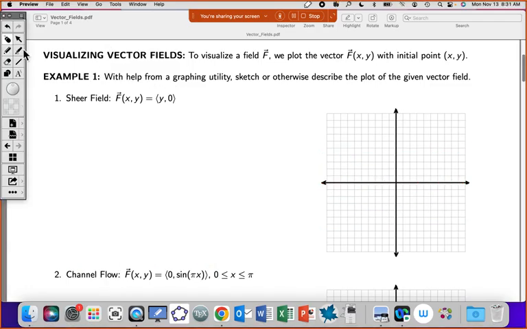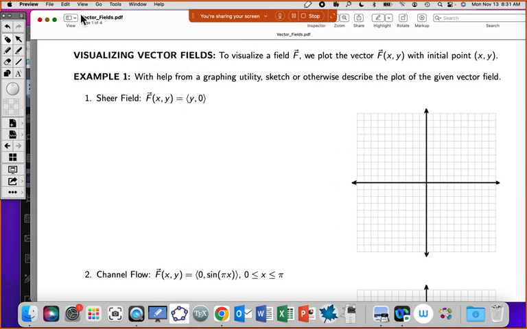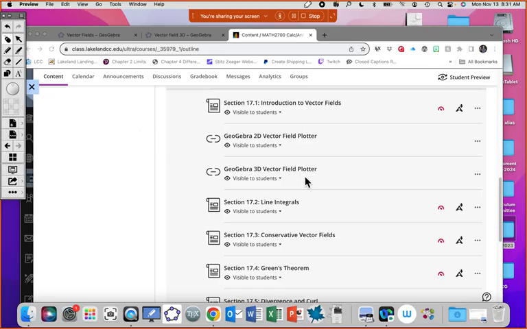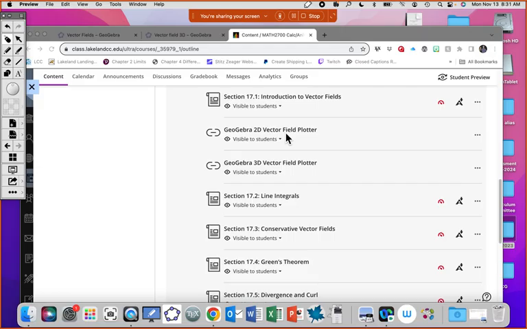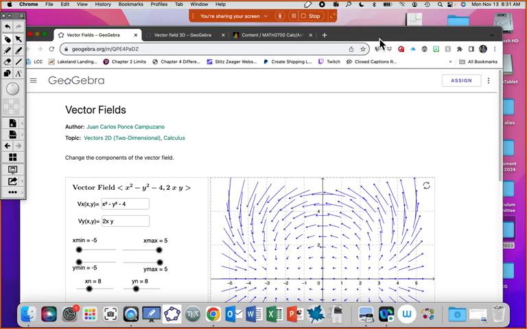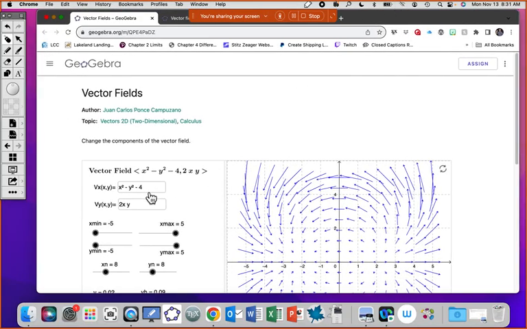Now there are a couple of apps. I got a couple of links here to some GeoGebra two-dimensional and three-dimensional vector field plotters. And what you can do is go into GeoGebra here. They're Vx and Vy. So this is the vector field. So you would just plug in, for us, Vx was y.